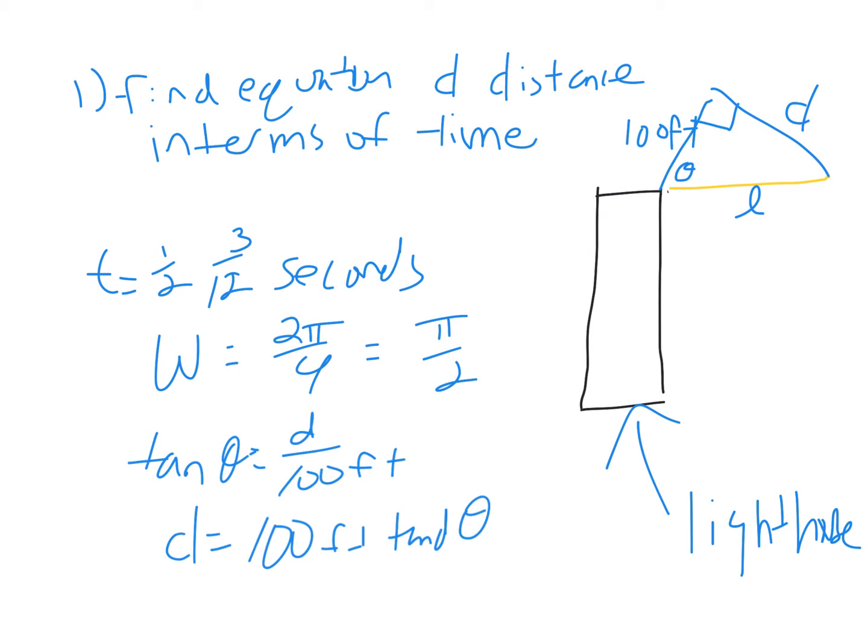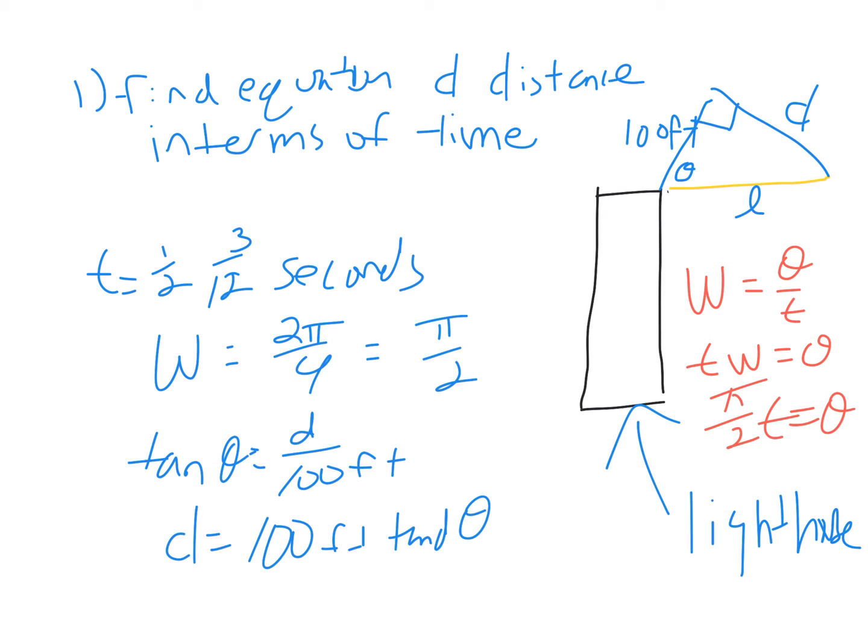Now I'm going to use a different color just to kind of emphasize this. So if we have omega, what's omega equal to? Theta over t, right? And if we move t to the other side, t omega equals theta. And we said earlier that omega is equal to pi over 2, so it'll be pi over 2 t equals theta.